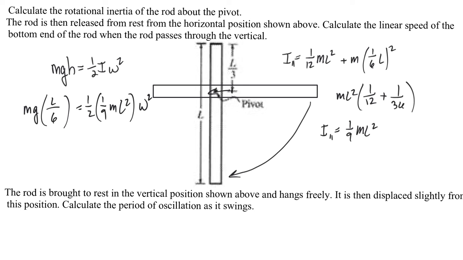I can cancel out and get a 3, and I can get rid of the m's. I'm still looking at getting rid of one of the l's. Is that 9g over 3l or 3g over l?